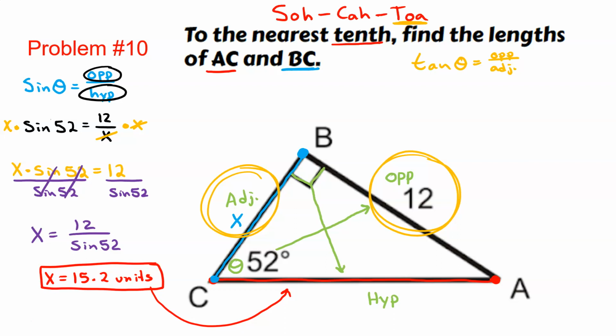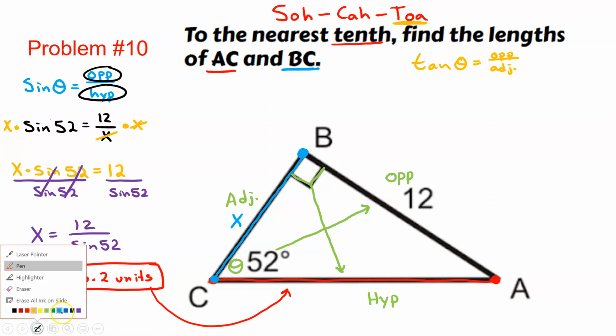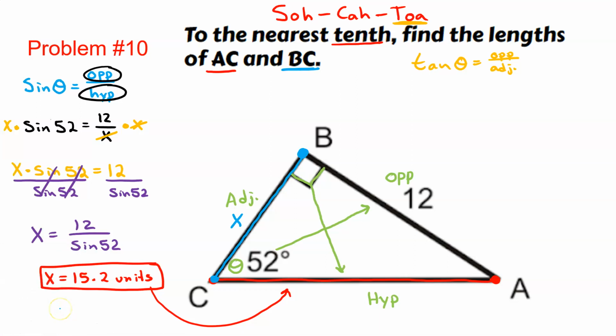Well, let's plug in everything that we know here. We're going to write tangent of 52 degrees is equal to the opposite, which is 12, over the adjacent, which is x.